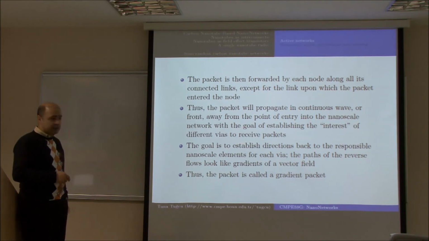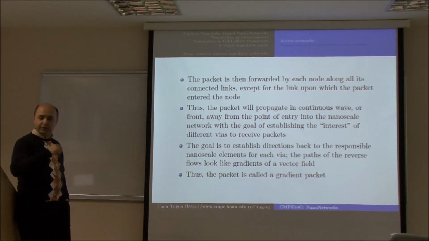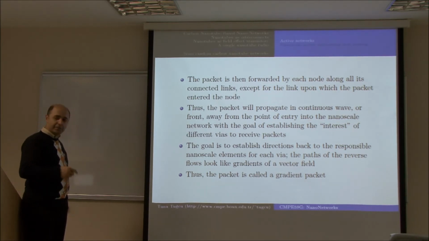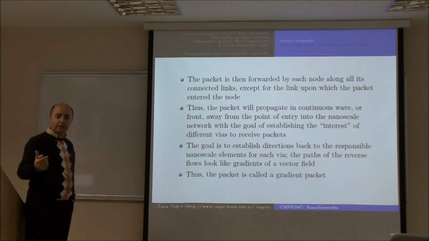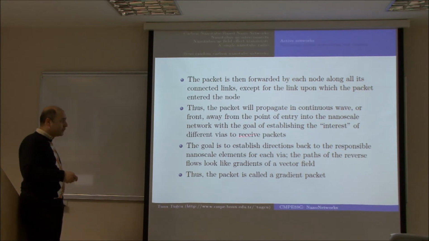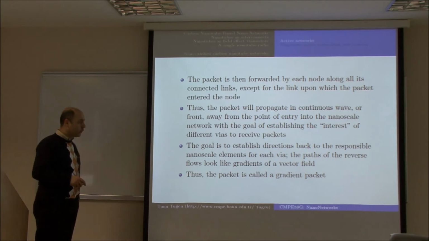Now, the goal is to establish the way back to this via interface. Okay? Remember, in the case of sensor networks, we were talking about the dissemination of the interest, and also about the reinforcement in the reverse direction.